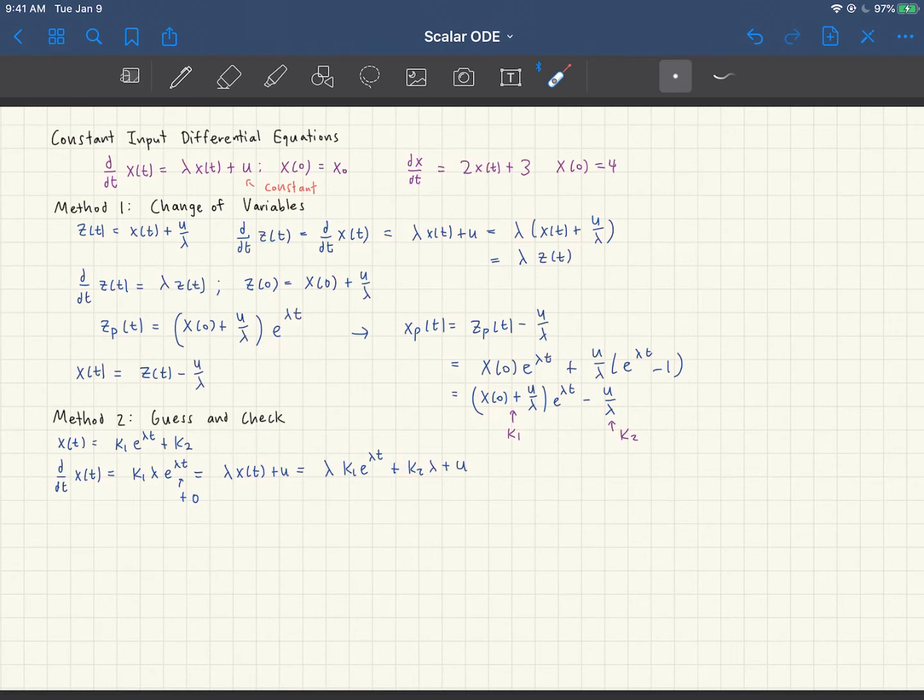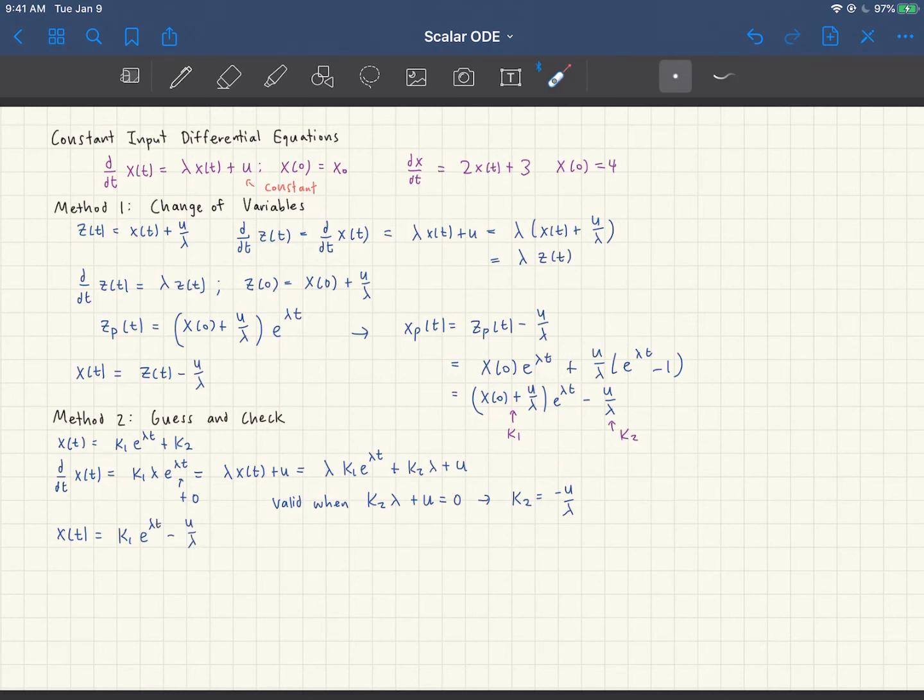So the test solution is valid when k2 lambda plus u is equal to 0. And that tells us that k2 is equal to minus u over lambda, as we saw over here. Now, we say x of t is equal to k1 e to the lambda t minus u over lambda.